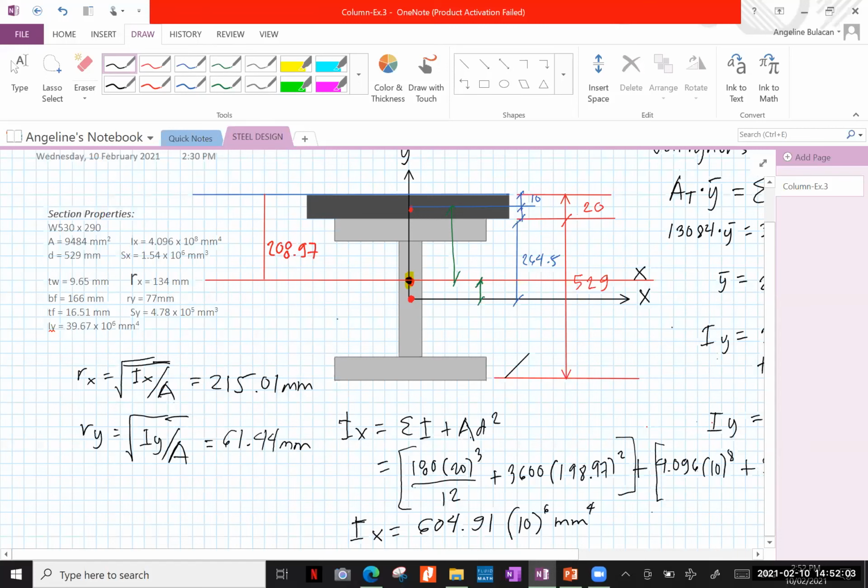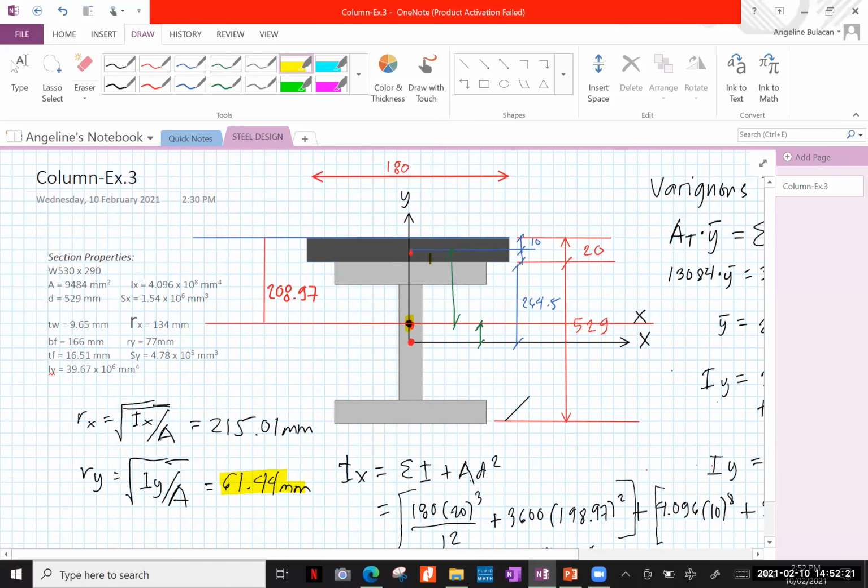Di ba, yung sabi natin, we will use the least value of radius of gyration. So, we will use your 61.44 mm. Ang haba ng process, ang hinahanap lang natin is yung R. Nagkataon kasi dito na a built-up section siya. So, ulitin ko. First step is get your centroid.